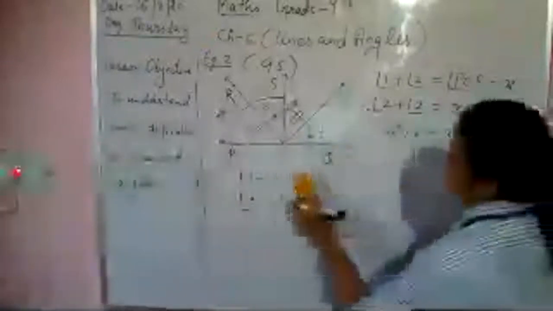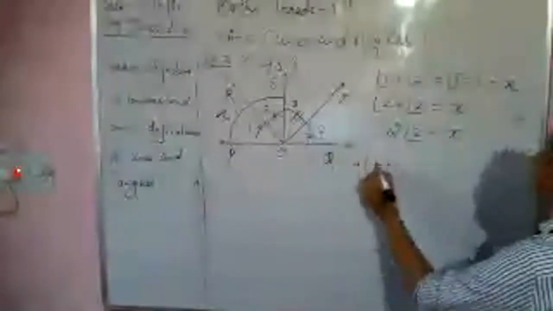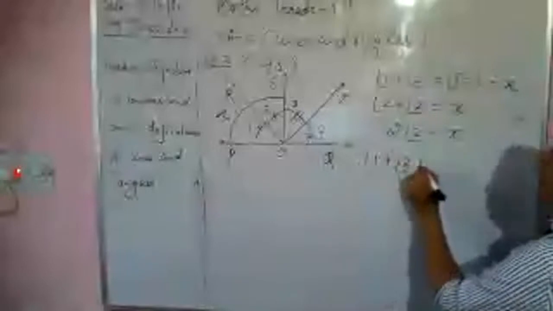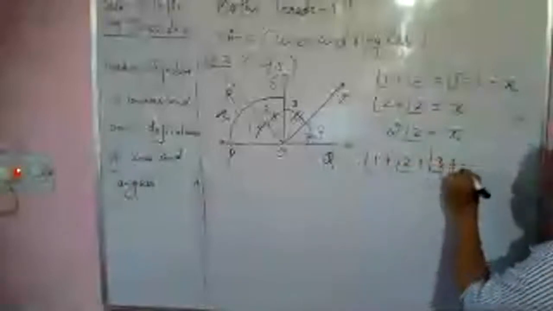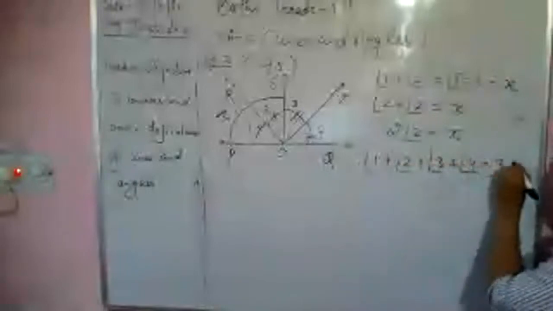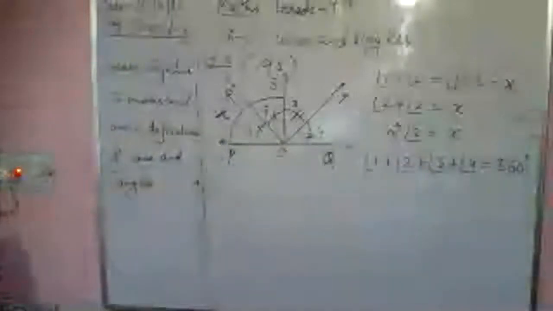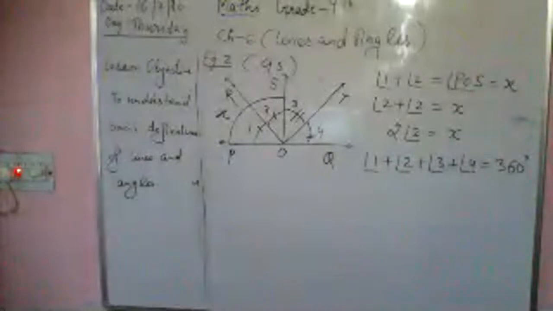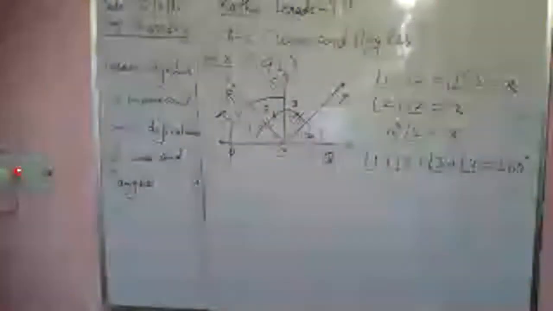So next, you can write angle 1 plus angle 2 plus angle 3 plus angle 4 is equal to 360 degrees.